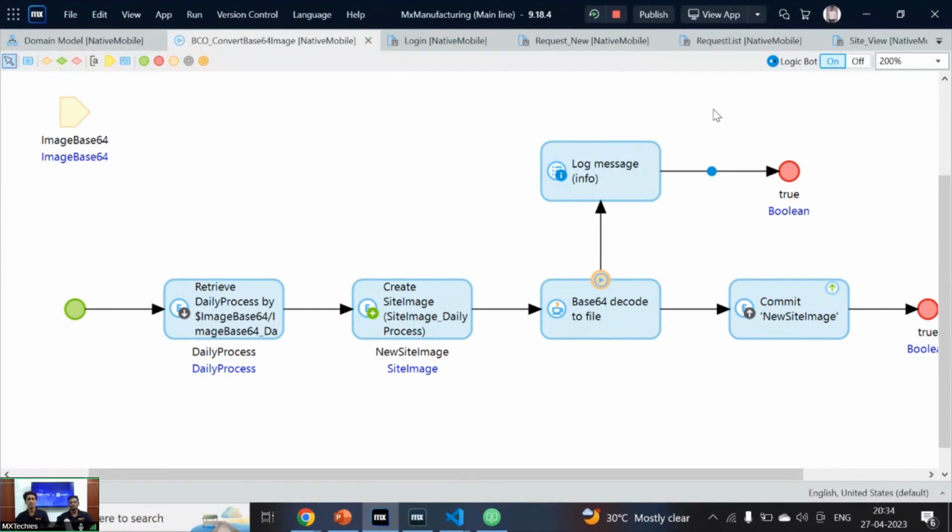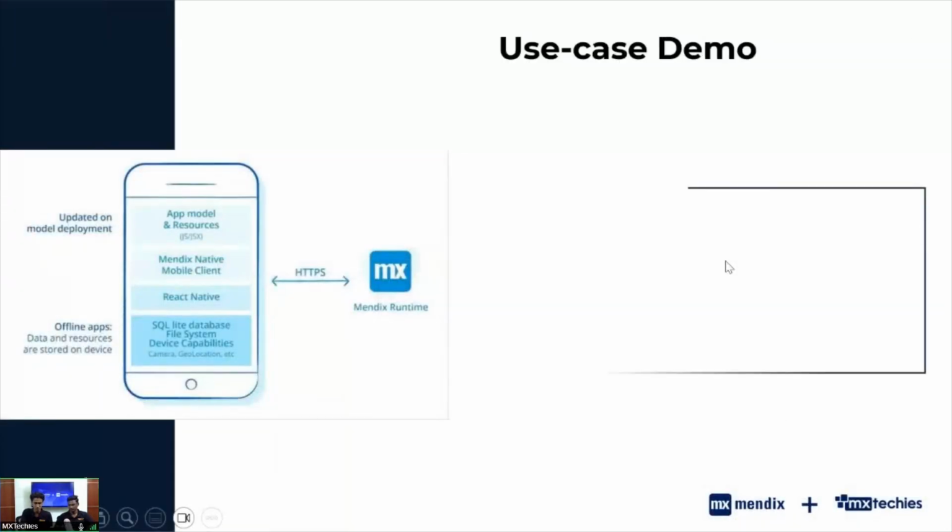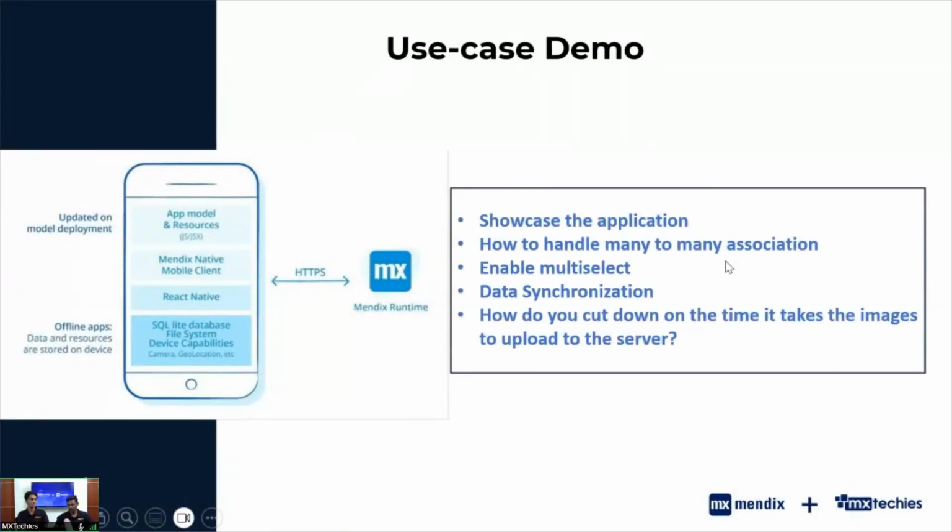Automated synchronization increases efficiency and productivity. So let me move back to the presentation. I hope everyone can see the presentation. We have listed and covered all the points over here.